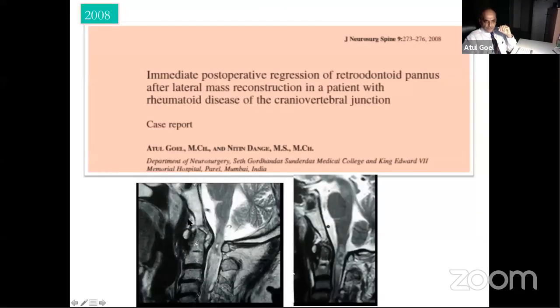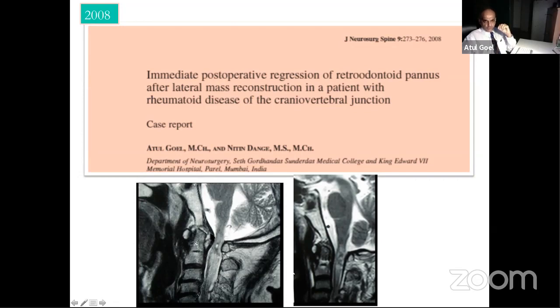And this was the buckled posterior longitudinal ligament, and this buckling was straightened, and you see immediate postoperative regression of retroodontoid pannus after lateral mass reconstruction. The concept is that this is not the problem. This is a secondary phenomenon to atlantoaxial instability.